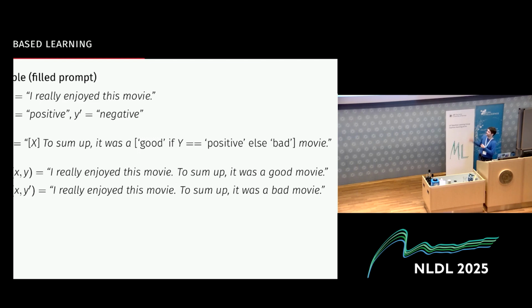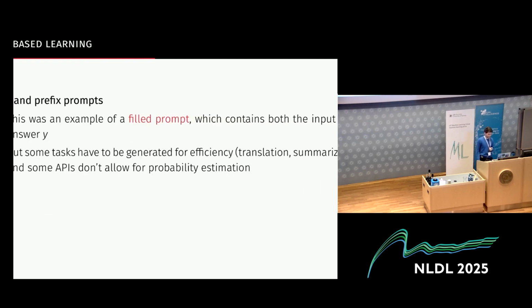And so this is how we can transform the task into just regular language modeling. In practice, we just select the label that corresponds to the text sequence with the biggest probability.